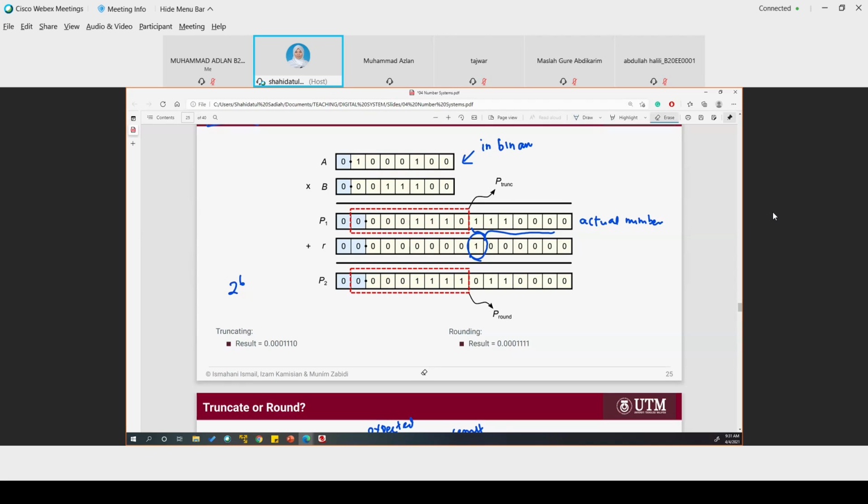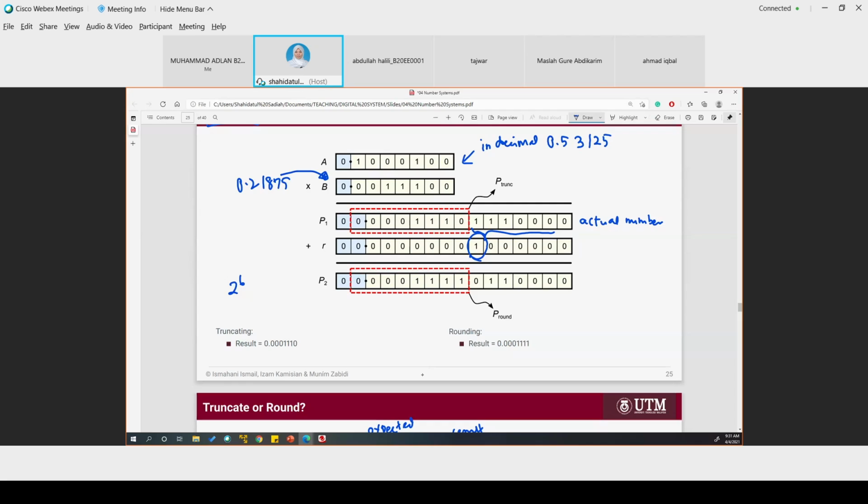In decimal, this is 0.53125. And here, value B in decimal is 0.21875.